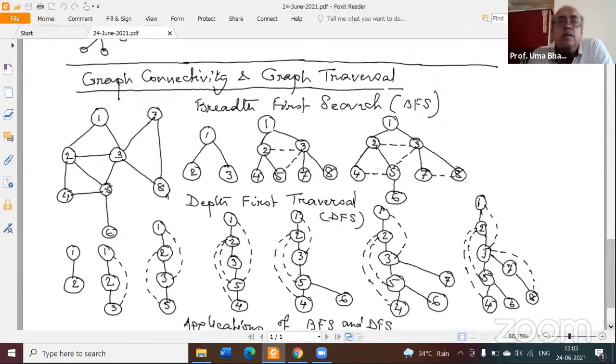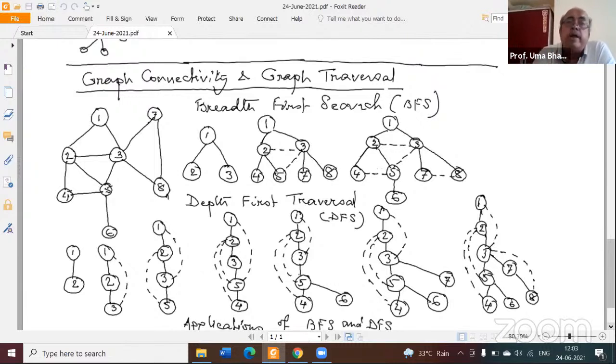Complete all of them. 2, 3. Simple. At every stage, I mark the nodes which I have already discovered. So at every stage, we go one level down, and in the process, whatever nodes I have discovered, put a mark there so that we do not do it again.